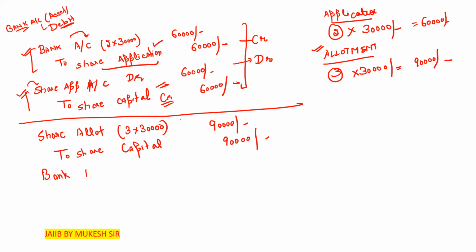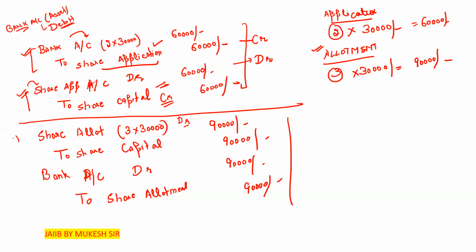Here share allotment is debited, and this one we also have to credit. So the bank account we debit by this much amount, and the share allotment account we credit. Overall you will see that the share allotment account is debited here and credited here.